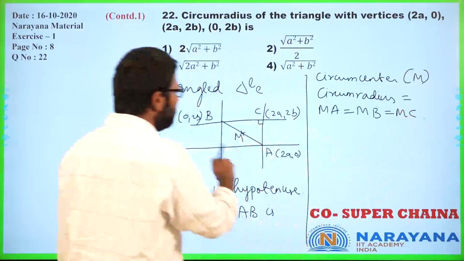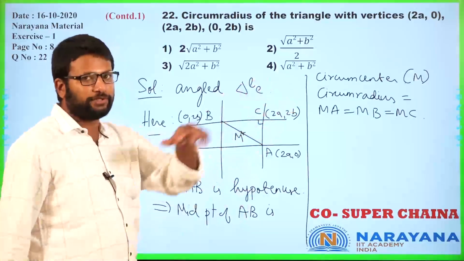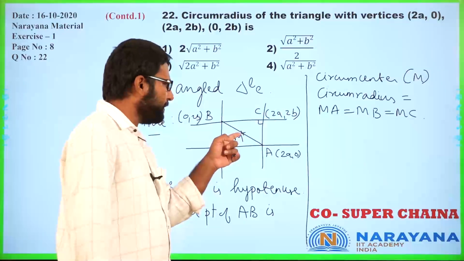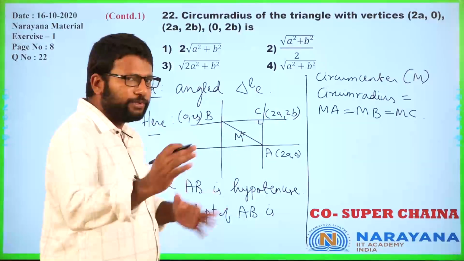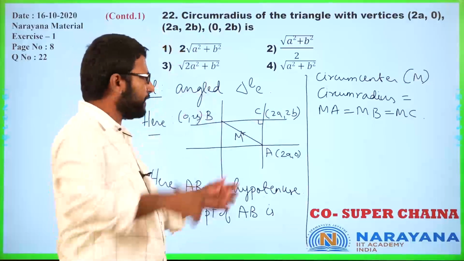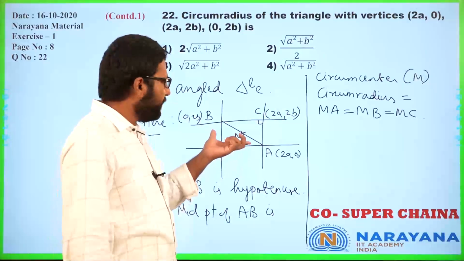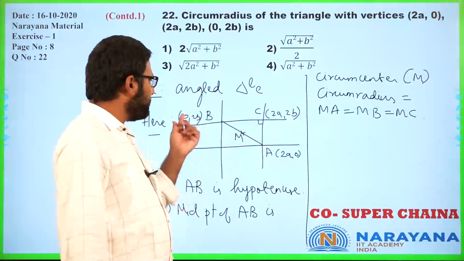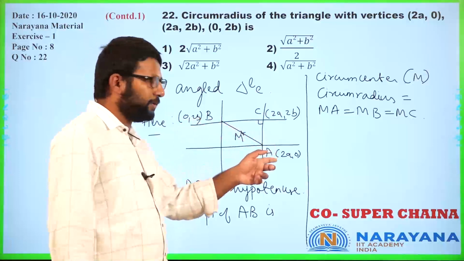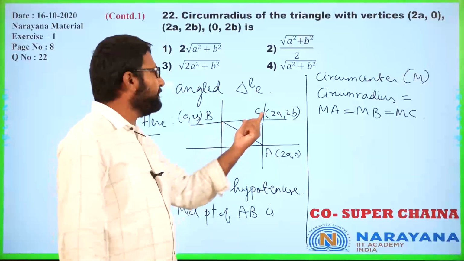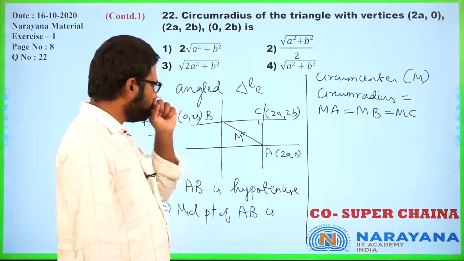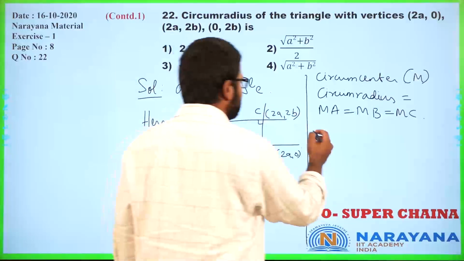It can be any one of these three, and we can find any one of them. One way to do this would be to find the coordinates of the midpoint, and from that point, find the distance to any one of the vertices. Let's do that, that is the simpler one.